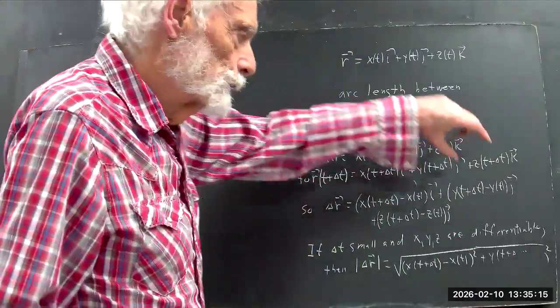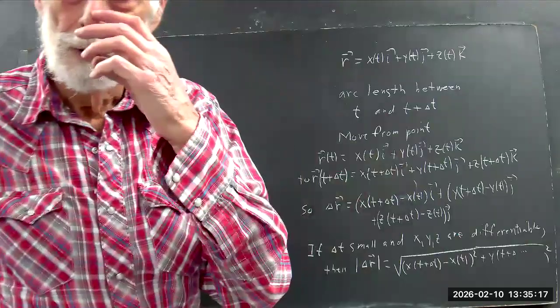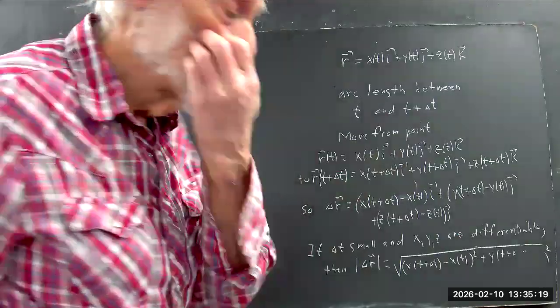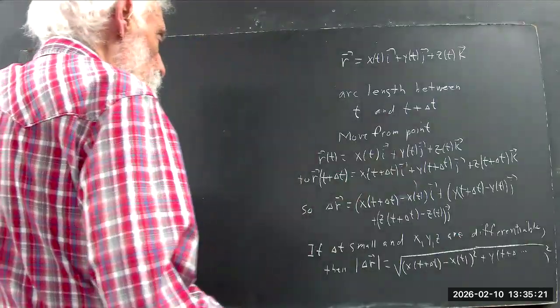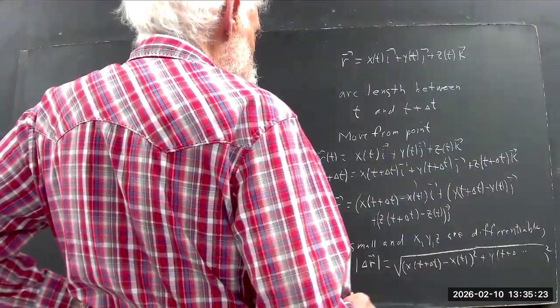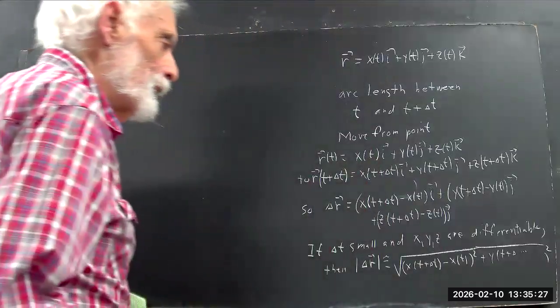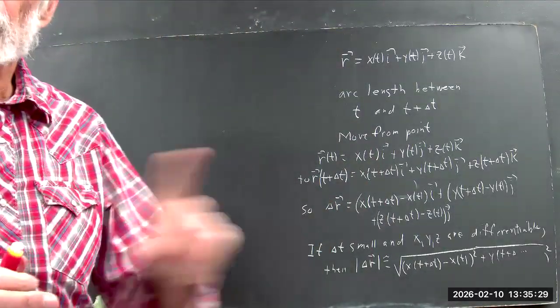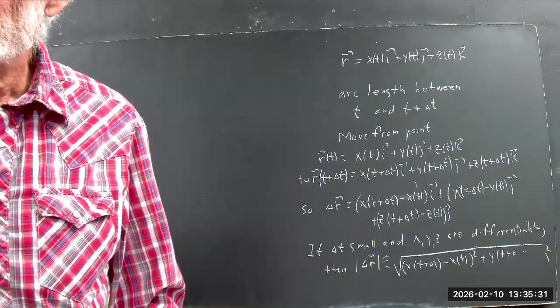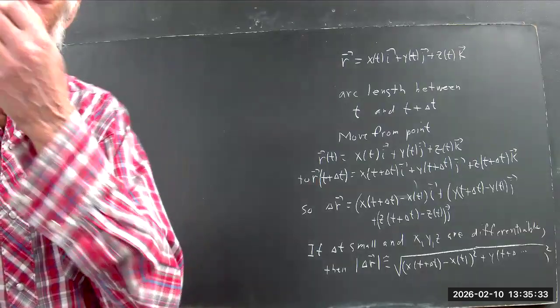You know, the square of this plus the square of this plus the square of this, right? Okay. Then delta R is very close to this. If you got a small delta t, you're pretty much moving along a straight line. Okay.